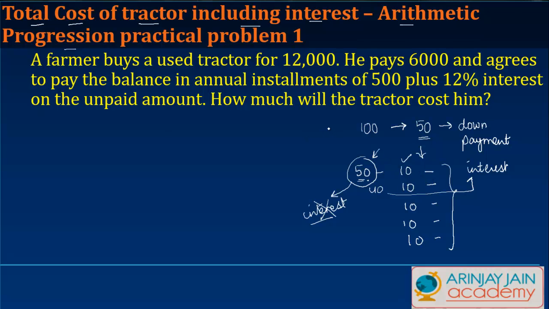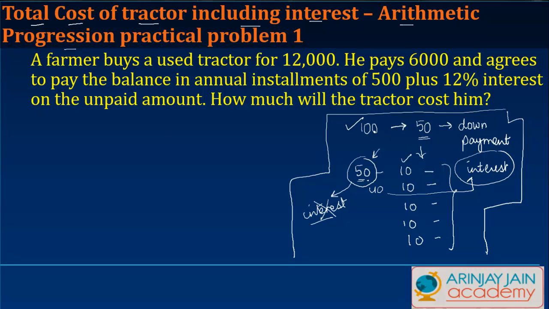What this question seeks to do is tell you, in such a case, how do you find out the total cost of the tractor to the buyer? Obviously, total cost includes the cost of purchase as well as the amount of interest which is paid. The cost of purchase is paid in either down payment or installments, but it is always equal to the initial amount. What we need to calculate is the interest that has been paid.